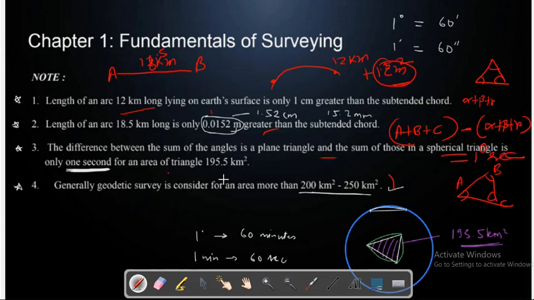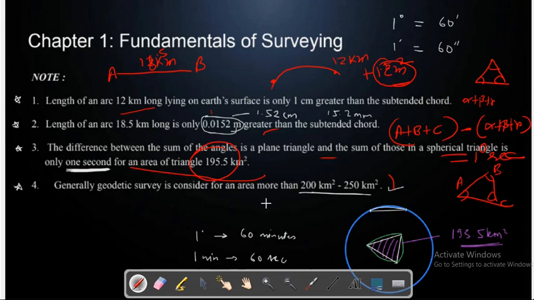That means if you want to survey a triangular area of 195.5 km square, then the difference between the interior angle of the spherical triangle and the interior angle of the planar triangle will be only 1 second. So that's why if the area is 195.5 km square, we'll only do the plane surveying, not the geodetic surveying.